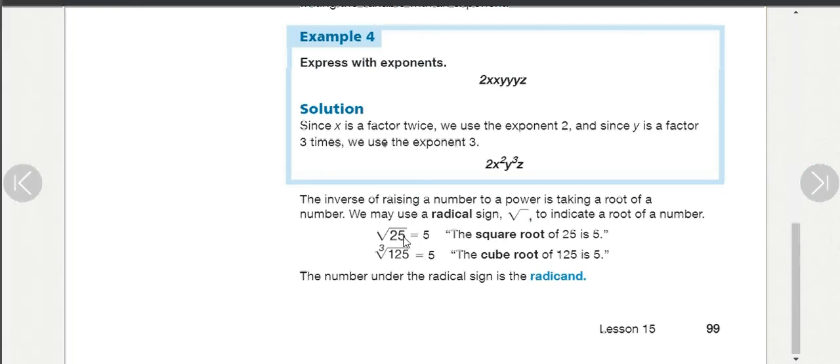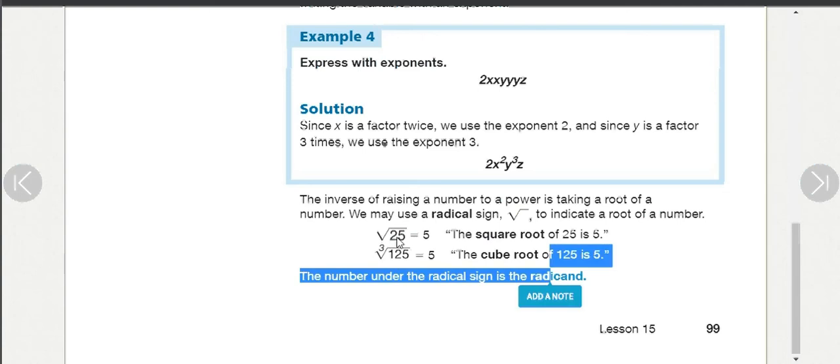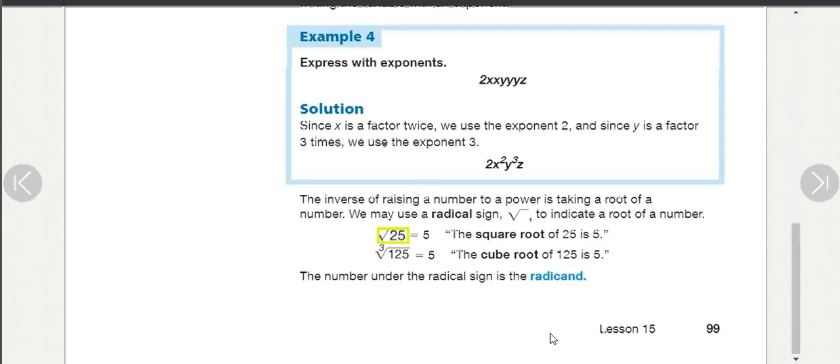So we can say with this first problem, this one right here, square root of 25 is how I say that. Under the radical sign is this check mark looking thing. Okay, that's the radical sign. We call this square root of 25, and the answer is 5 because 5 times itself is 25.